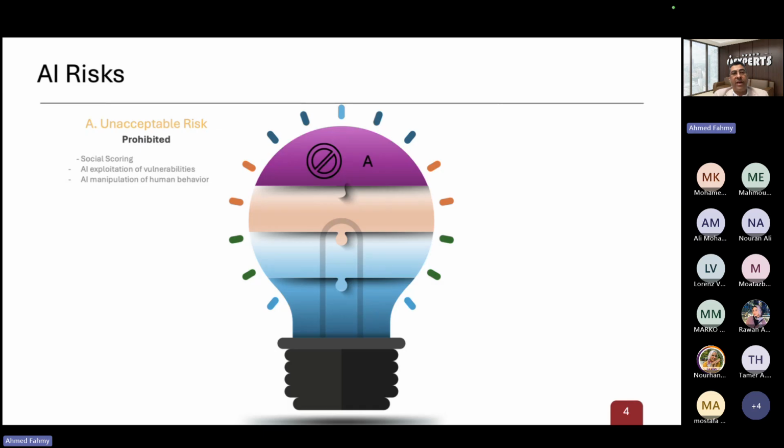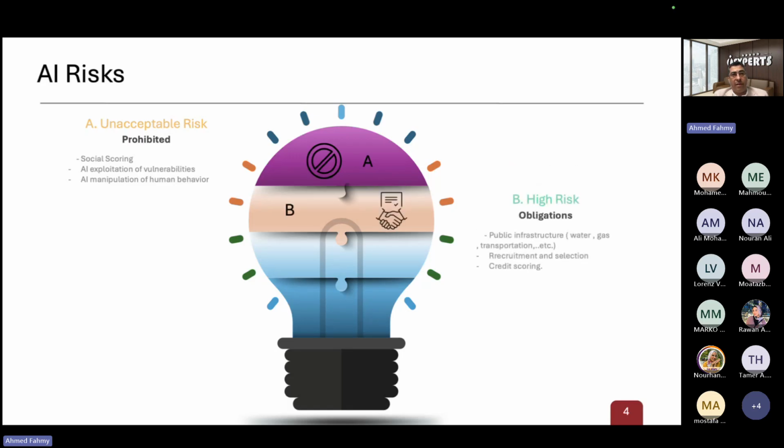So if you are developing an AI system to exploit specific vulnerabilities, or if you are developing an AI system or using an AI solution to conduct what we call social scoring, okay? All of these kinds of AI solutions that impact human life and maybe harm humans while they are using it are completely prohibited according to the EU AI Act.